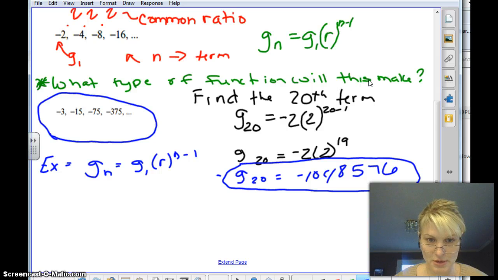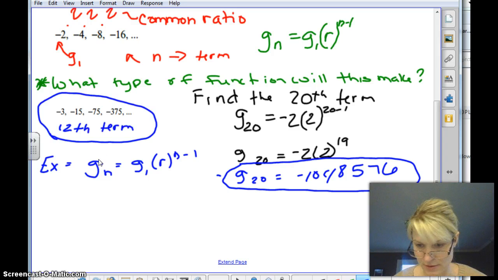Answer this question: what kind of function or graph will this make? And see if you can find the 12th term in that sequence. Good night.